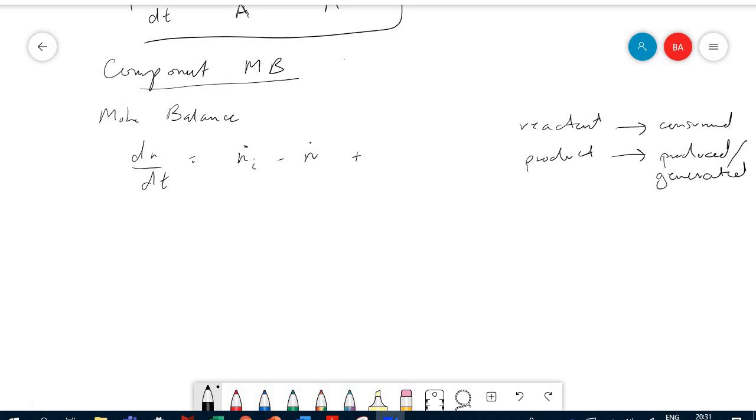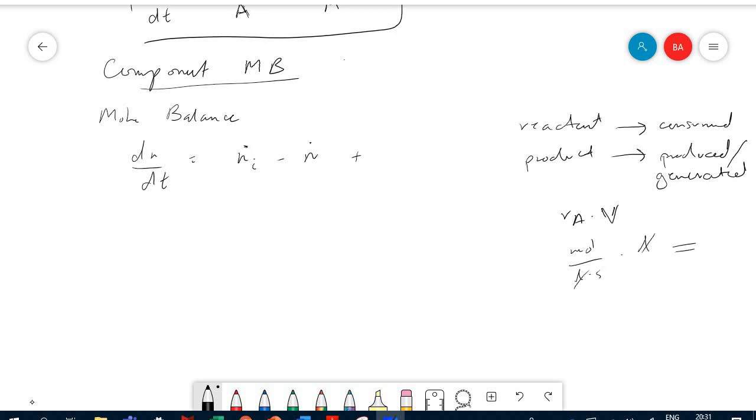So here in this case, what is the consumption term, the generation term? It is the rate of reaction multiplied by the volume. And if you just want to make sure about it, this is moles per liter per second, multiplied by liter. So this is moles per liter second multiplied by liters.